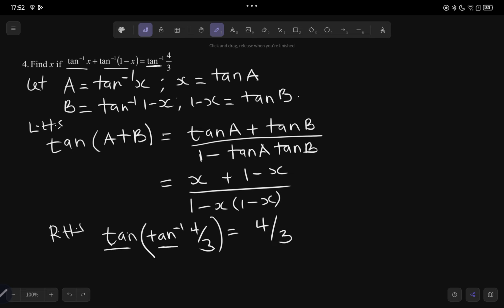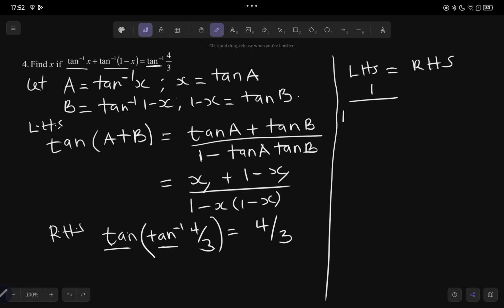These two will neutralize one another. Now, we can equate the two. Left hand side equal to right hand side. So this x goes with the x. You have 1 out of 1 minus x plus x squared is equal to 4 out of 3. Now the two sides have been equated.